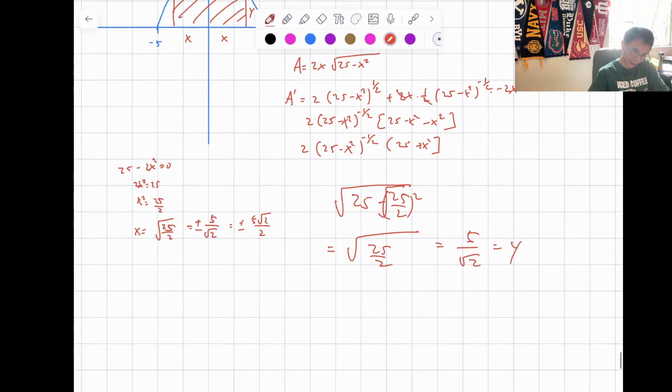To find the area, it's equal to 2 times 5 over root 2 times 5 over root 2. That's equal to 50 over 2, which is 25. So the area is equal to 25. The y is equal to 5 over root 2, and the x is equal to 5 root 2 over 2.